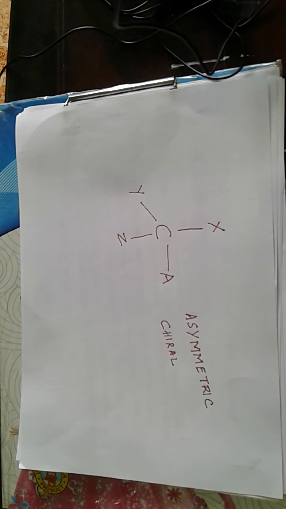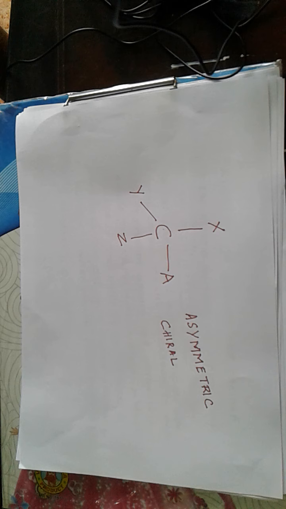So priority is decided by the atomic mass of the atom directly bonded to the chiral or asymmetric carbon. So higher the atomic number or atomic mass, higher is the priority of the group.